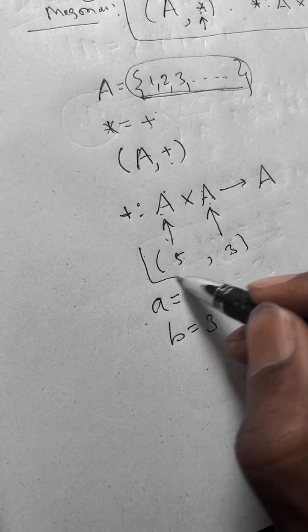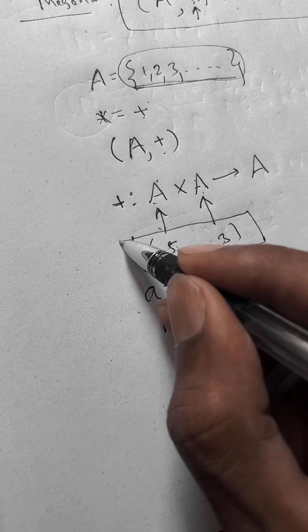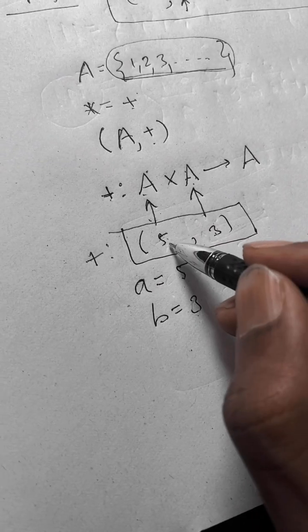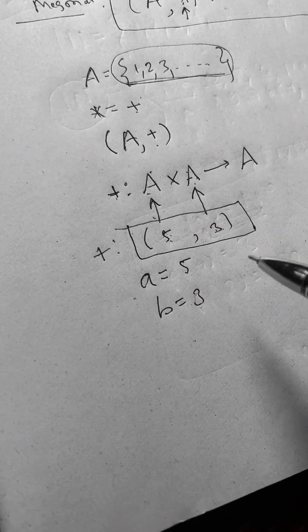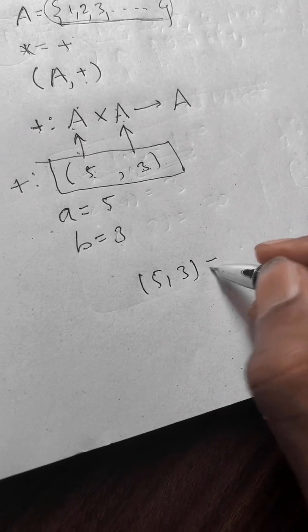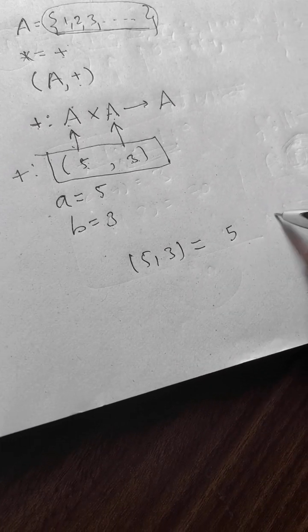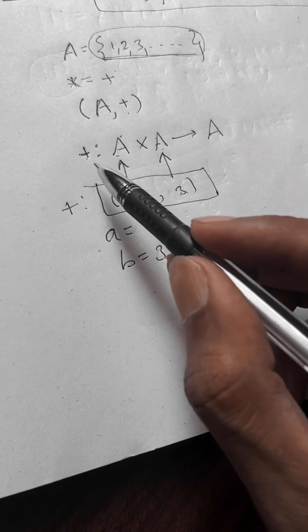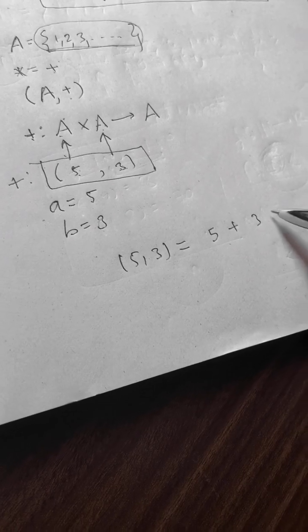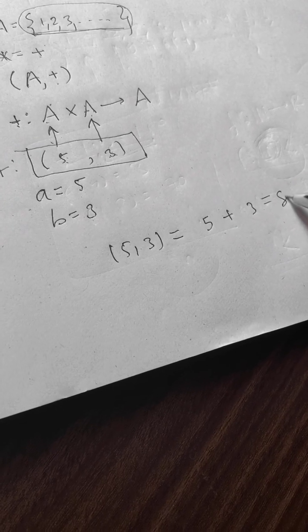Now what does 5 comma 3 mean? It means take this plus sign and put it in between the numbers 5 and 3. So we put plus. What do we get? The answer is 8.